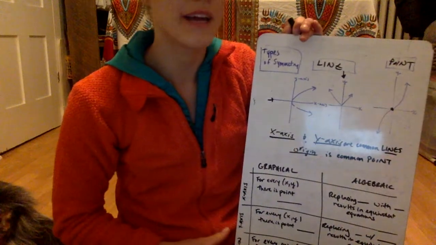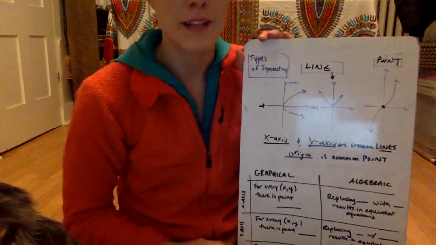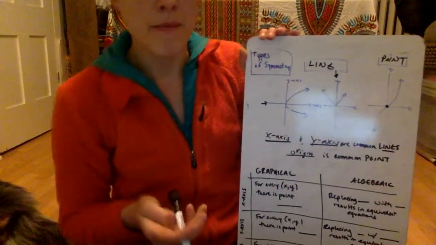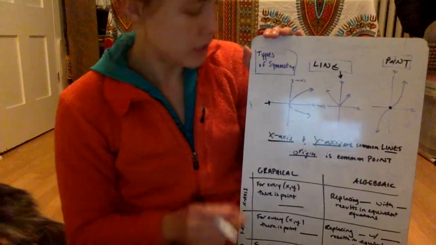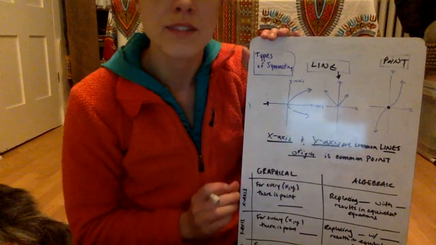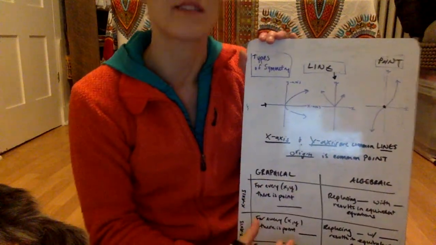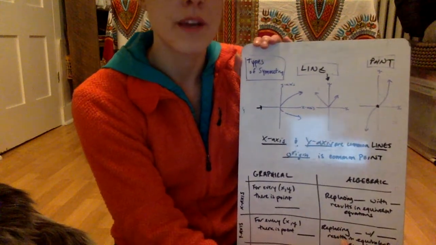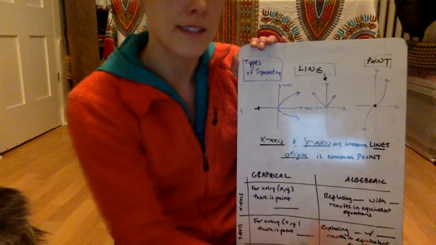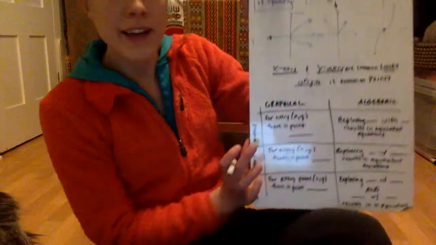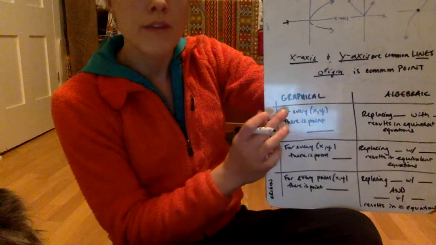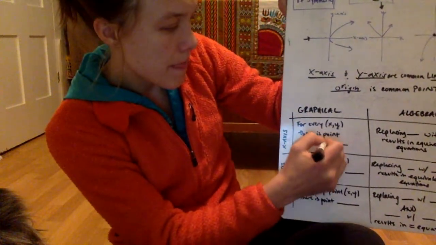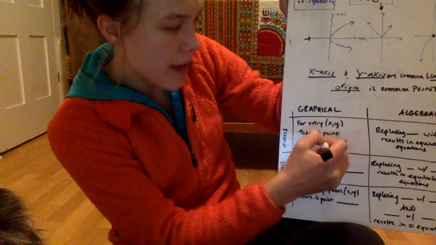But how do I learn what this means, or how can I prove what type of symmetry it is algebraically? So on your guided note sheet, you have a section titled Tests for Symmetry, and you've got a graphical test column and an algebraic test column. And so for the graphical test in the x-axis column, for every point x, y that I have, there is a point x, comma, negative y.